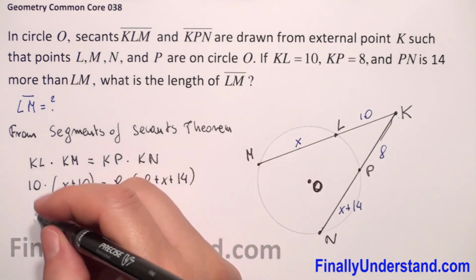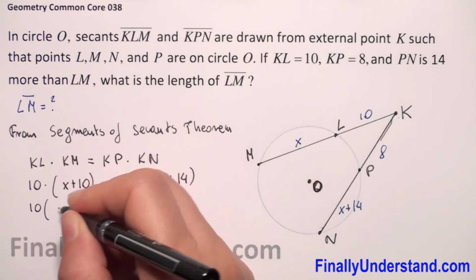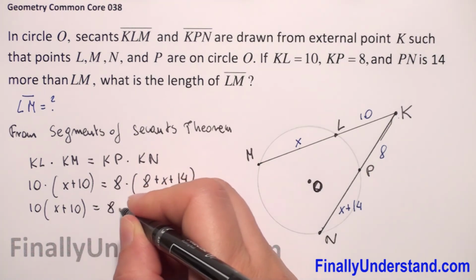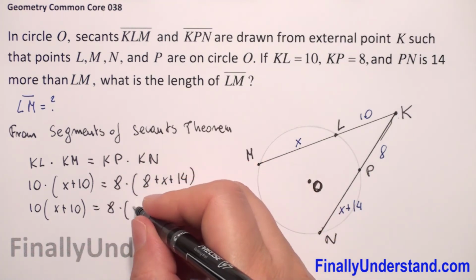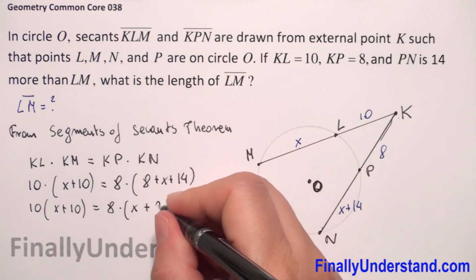Let me rewrite this one more time. 10 times x plus 10 is equal to 8 times, first we will write x, plus 8 plus 14 is 22.